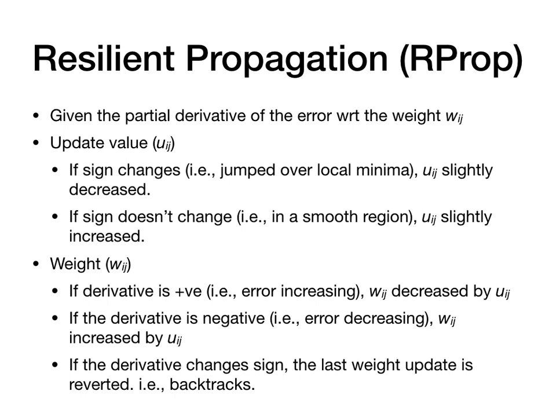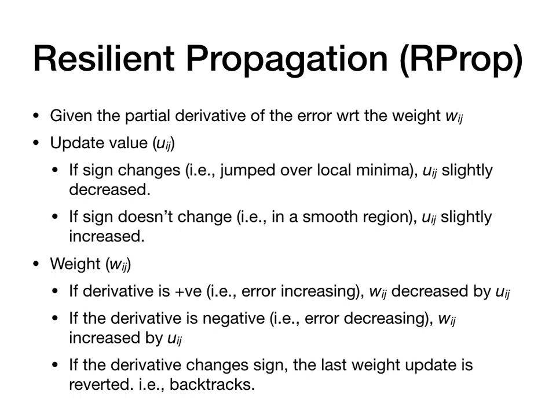The next thing is the weight itself. If the derivative was positive, i.e. the error is increasing, then we decrease the weight by the update value. If the derivative is negative, i.e. the error is decreasing, then we're going in the right direction, so we increase the weight by that update value.